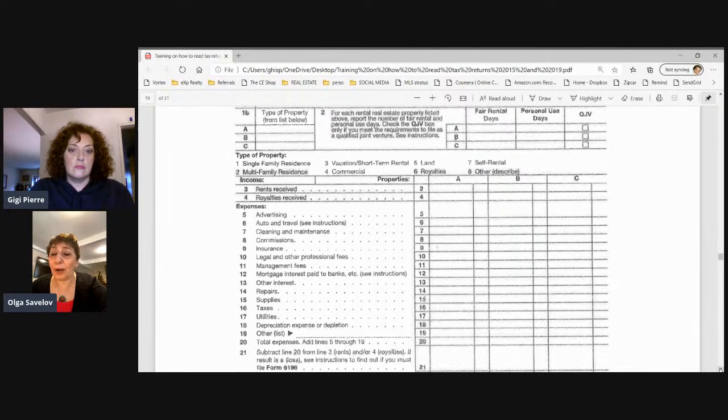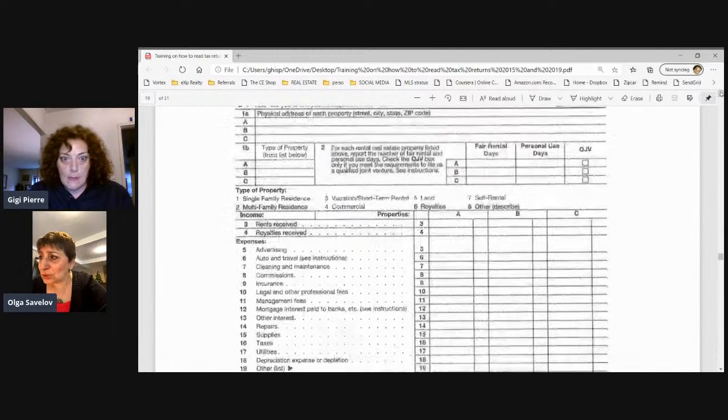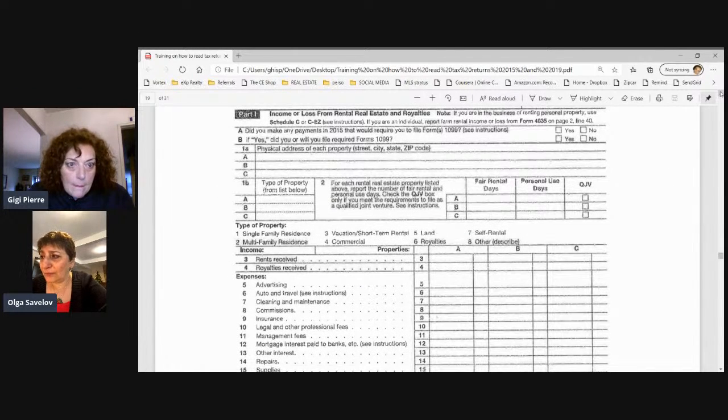So if you bought a property in the middle of the year, it will say 180 days rented or 240. That is going to be on line 1b, fair rental days. It says personal use or qualified.